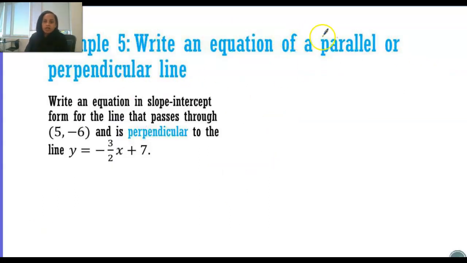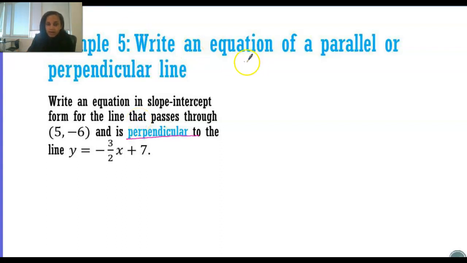Write an equation of a parallel or perpendicular line. So what we're going to do is write an equation in slope-intercept form that passes through this point, 5, -6, and it's perpendicular to this line, y equals -3/2 x plus 7. So, first of all, we have a point, and we have a slope. We just kind of have to work with that slope a little bit.